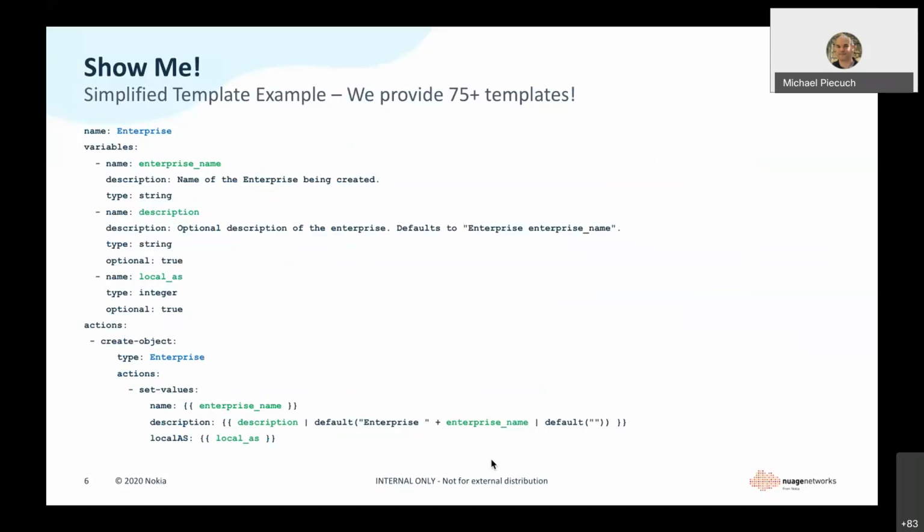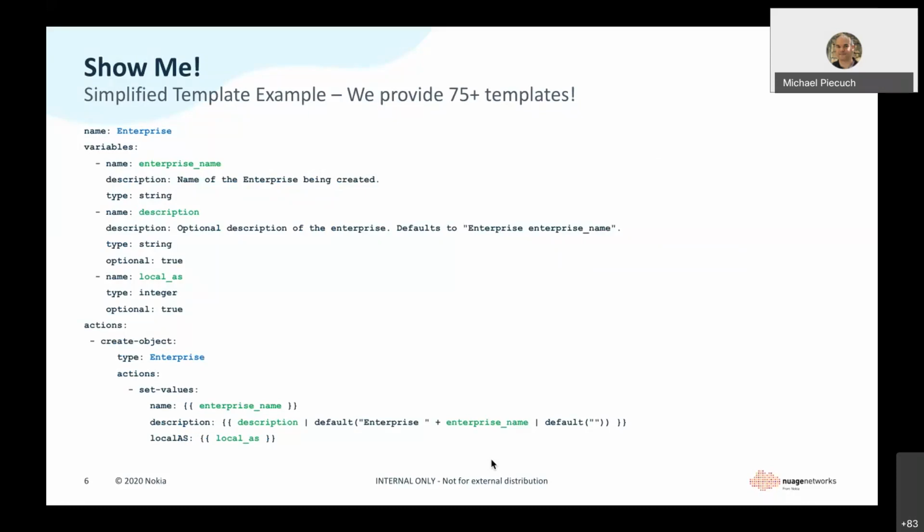In this case, this is again simplified, but we're requiring 3 pieces of information. You have in green the enterprise name, the description, and the local AS. There's also some information in the variable section, such as the type. The local AS is an integer, for instance. And then descriptions, and whether they're required or optional.